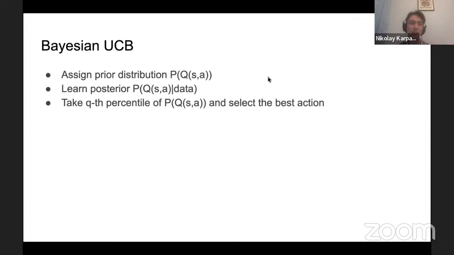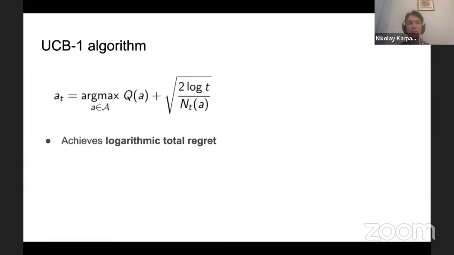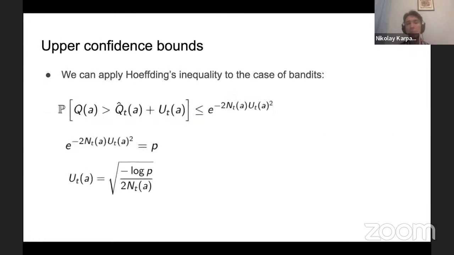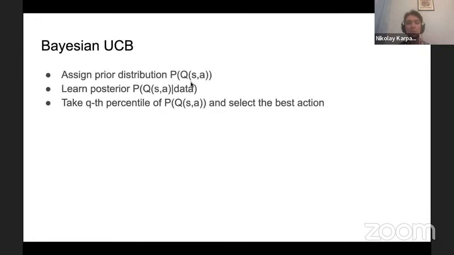By using this prior information, you can add bias to the statistics that you have gathered. And in this example, you would compare not the empirical probability distributions, but the posterior probability distributions with respect to the prior distributions and to the data that you have collected.